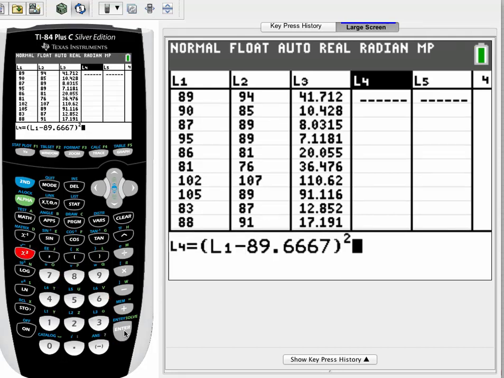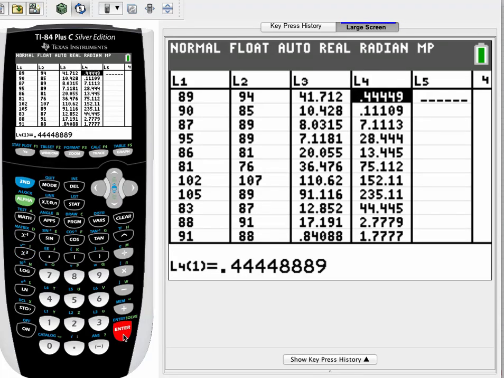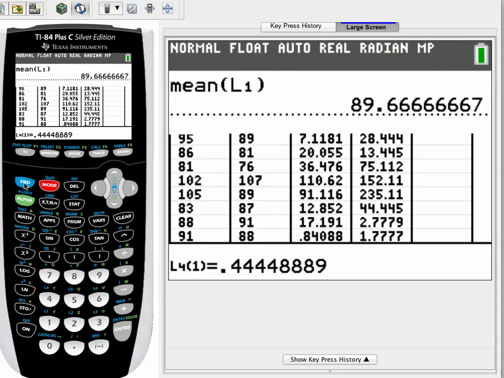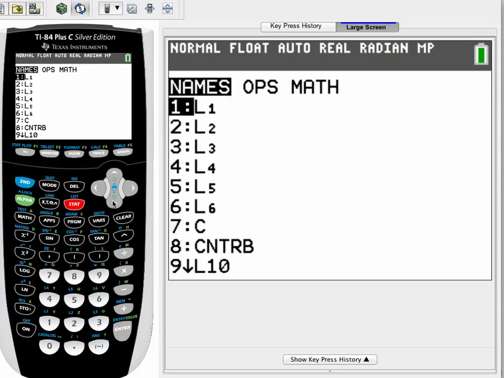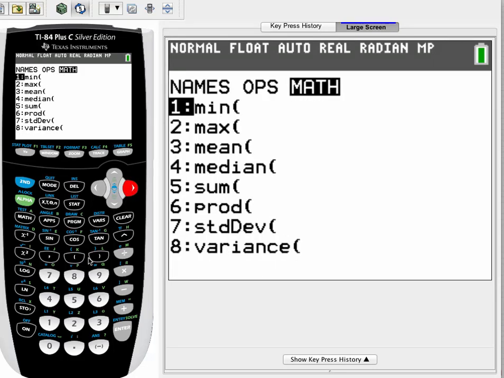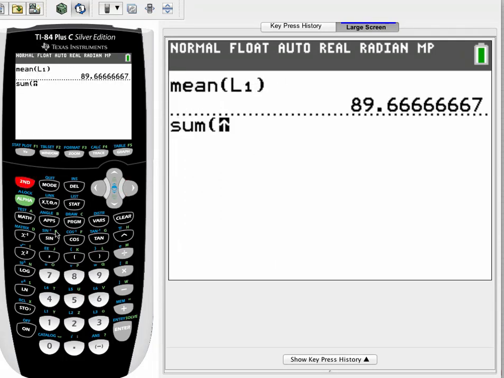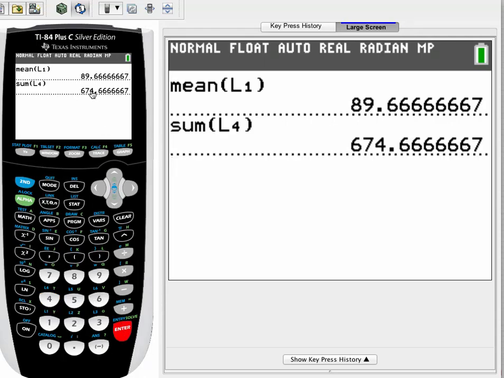And that's what we need to add up, x minus x bar squared. So I'm going to fill it up. All of those are my x minus x bars. Quit, go back to list, math, and sum those values that we just put in L4. So this is the sum of all those.